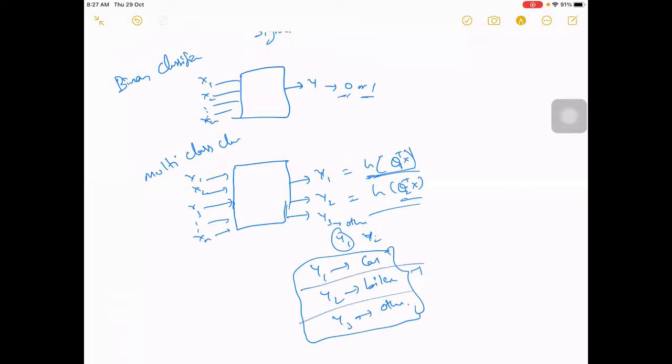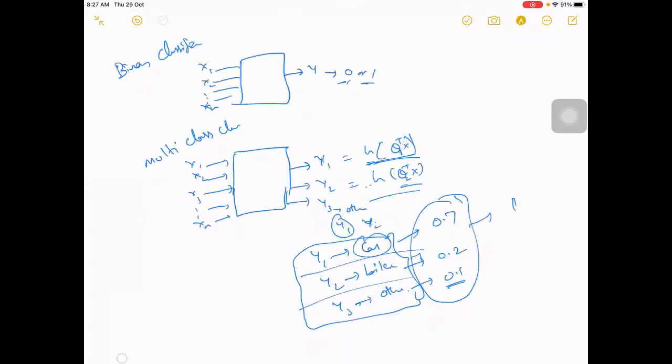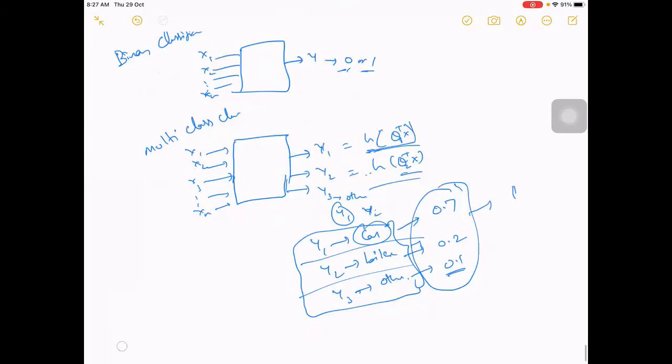In this case you will say there is 0.7 probability that this is a car, 0.2 probability that it is a bike, and the rest is 0.1. The sum of probabilities will be 1, even in this case. That is a difference between multi-class and binary classification.